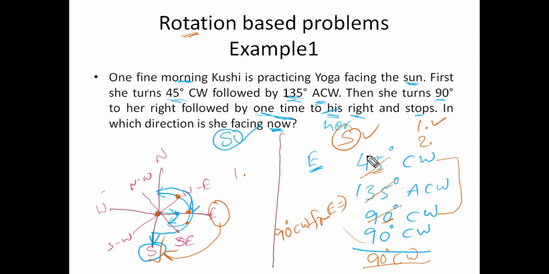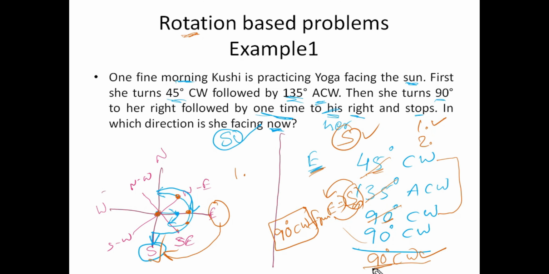But here he may give the initial direction and ask for the final direction, or he may give the final direction and ask for the initial direction. This concept in this process is clear. So first we need to find the resultant angle of all the angles.